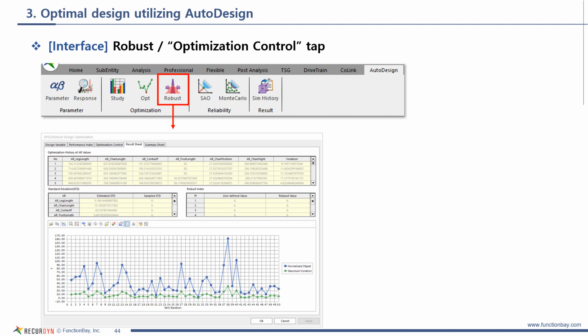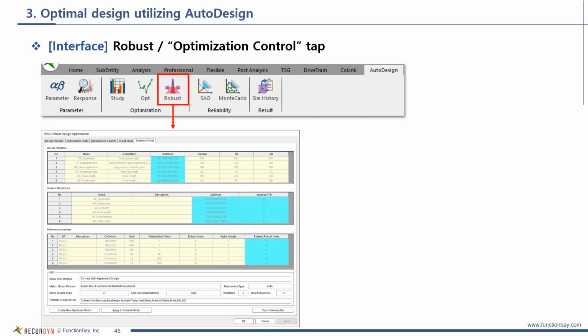Therefore, there may be slight differences between the user-defined robust index and the robust index applied to the optimal model. In such cases, confirm the user-defined value and relaxed value in the dialog box. In this example, since the user-defined robust index and the relaxed value are the same, it indicates that design variables that satisfy the Six Sigma requirement for all performance indices have been found.